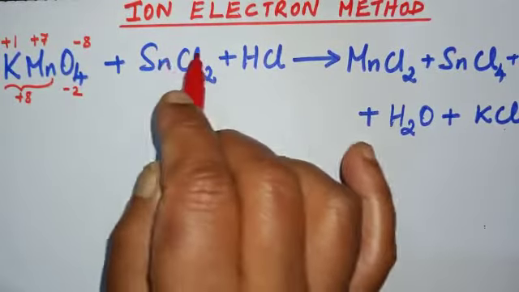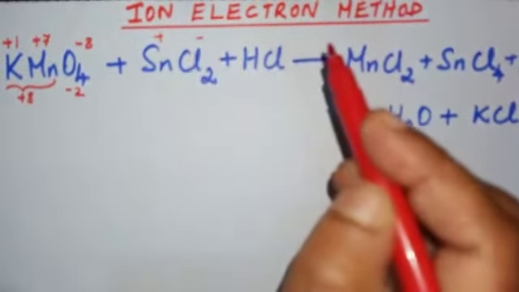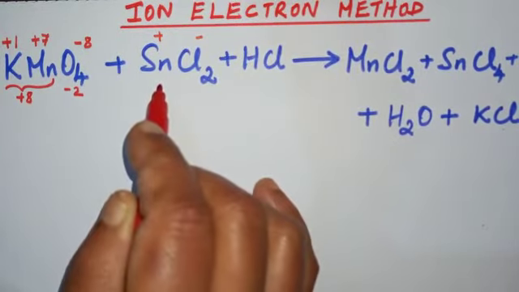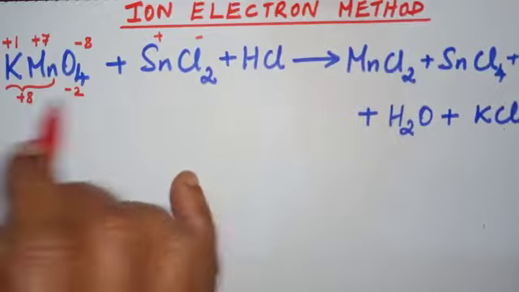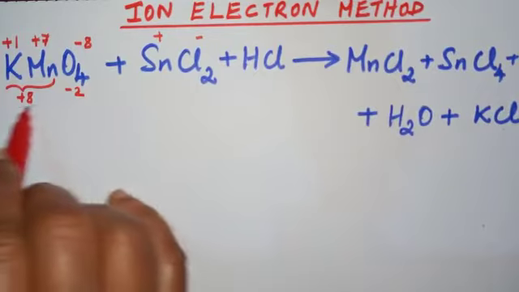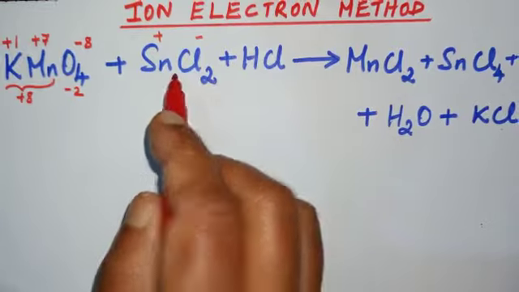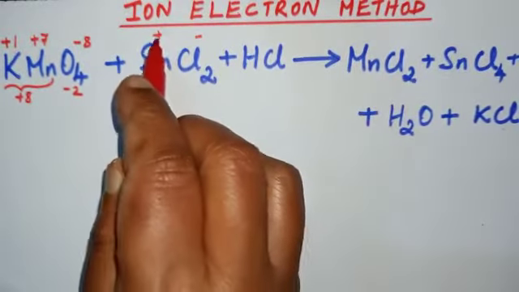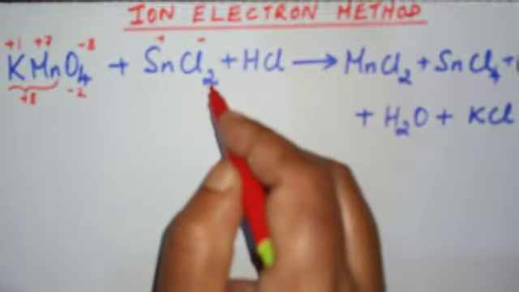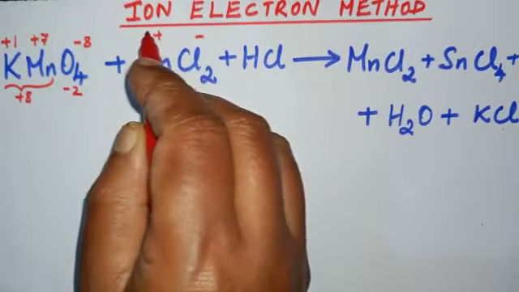In this molecule, we divide the first half into plus and the second half into minus. This compound is simple compared to potassium permanganate, with only 2 elements, whereas potassium permanganate is a bit complex because 3 elements are there. So in order to find the oxidation state in a simple way, I give the first element a plus sign and the second element a minus sign. Now, how many chlorine atoms are there? 2. So I put here 2 plus.